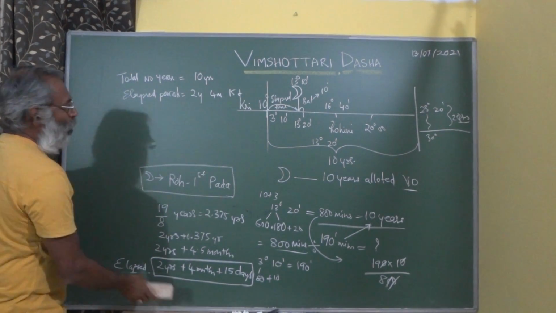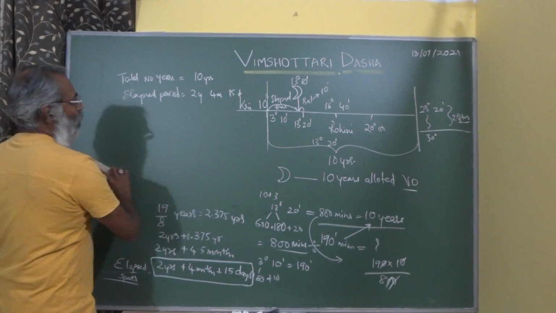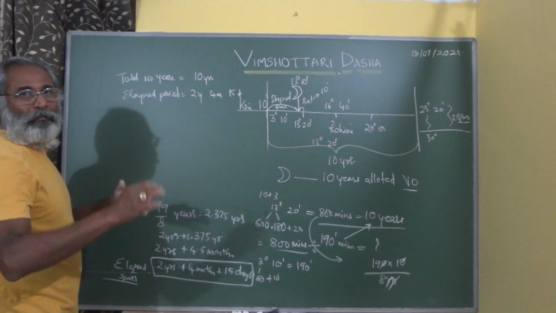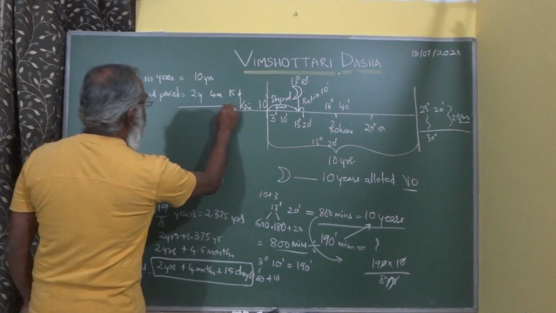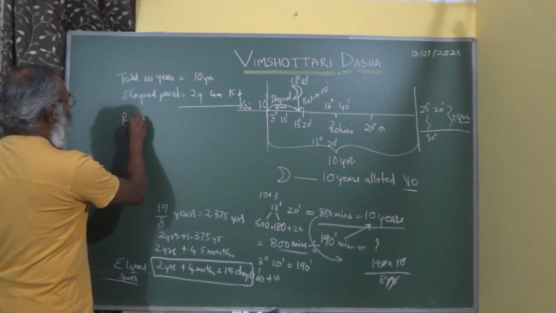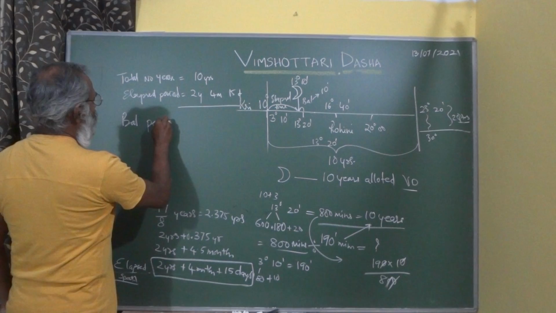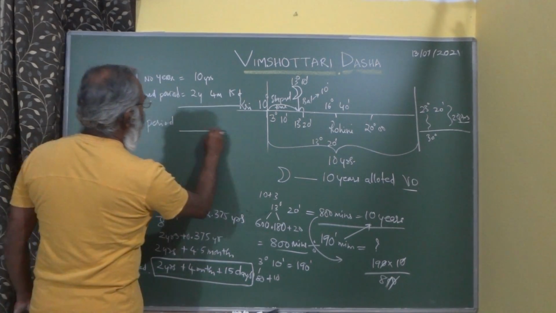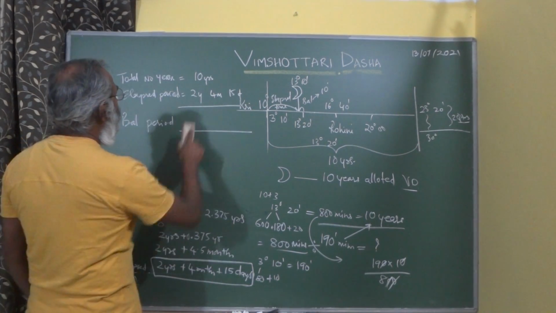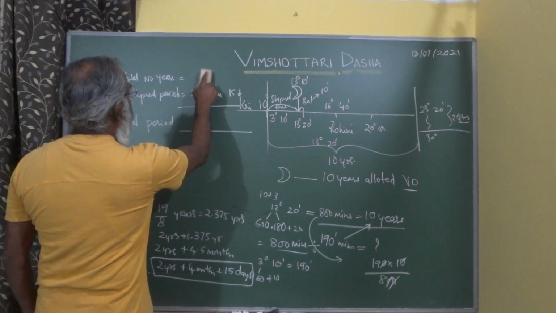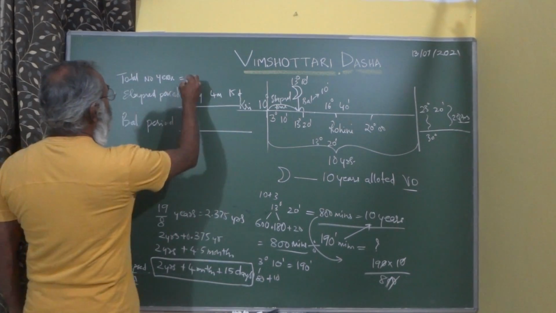So we need to negate it, remove it, then you will get the balance period. So how do you do it? We will write it in a different way.